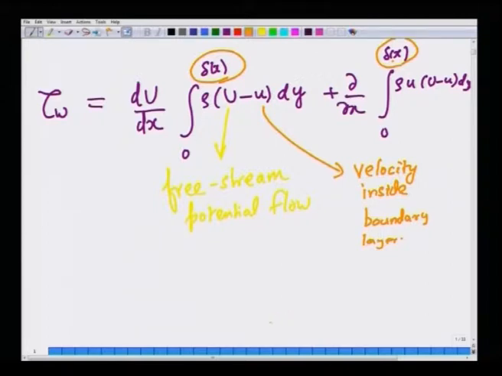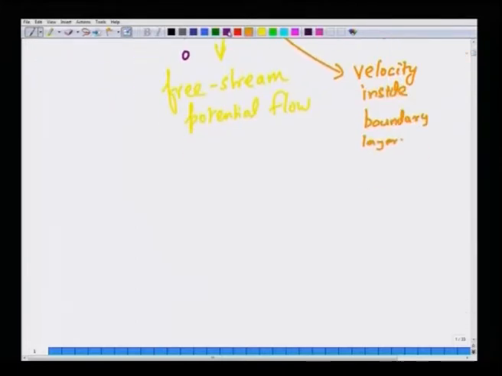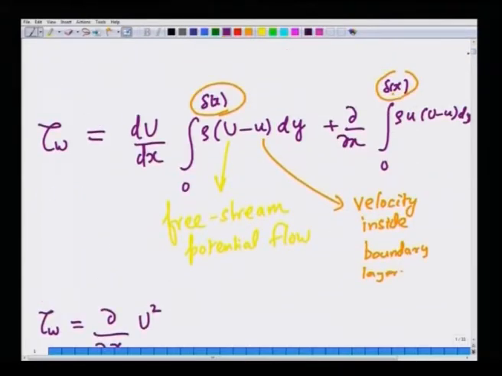Okay. Now, in order to proceed further, I am going to simplify this even a little bit like I did in the last lecture. So, I am going to write this as d dx of u squared. If you look at this expression, I have u here. So, let me do it step by step.